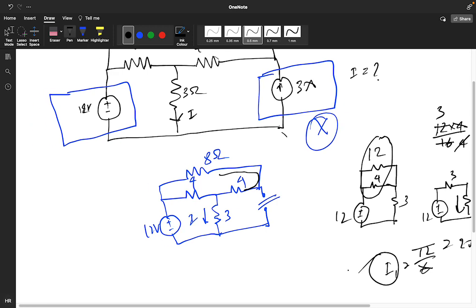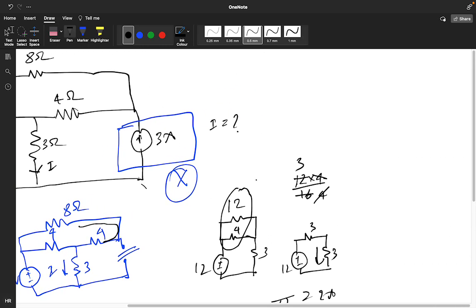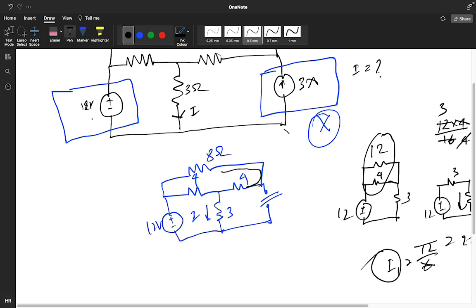Now, going for the second source, you need to deactivate this and activate this.